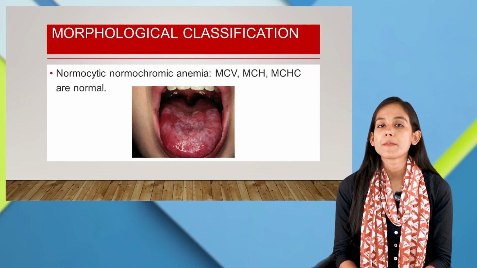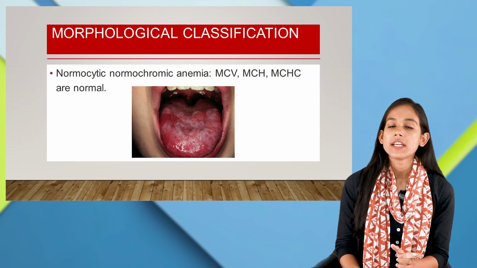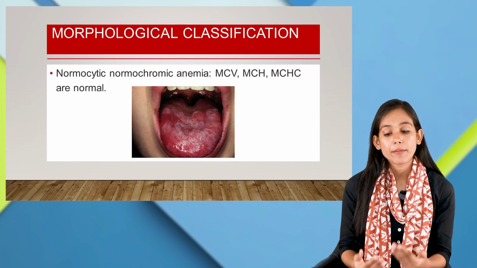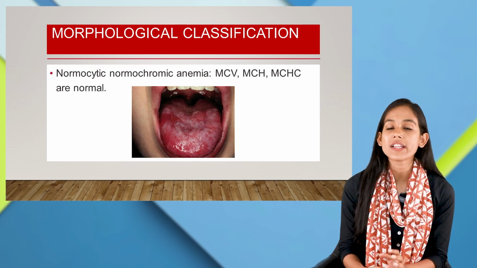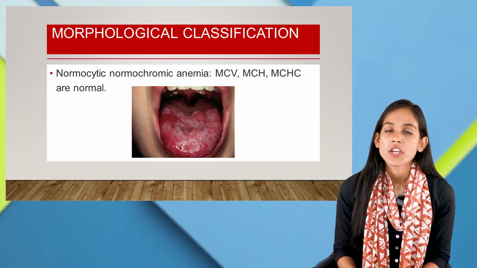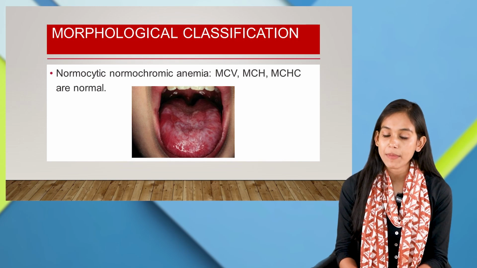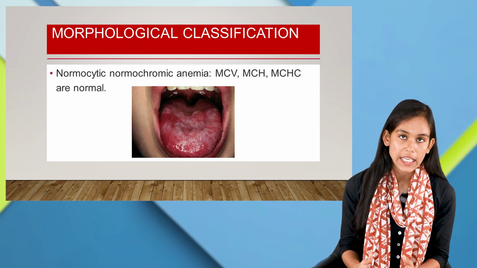First, let us talk about normocytic normochromic anemia. Here the mean corpuscular volume, the mean corpuscular hemoglobin, and the mean corpuscular hemoglobin concentration will all be normal. Examples of normocytic normochromic anemia would be aplastic anemia or acute post-hemorrhagic anemia.